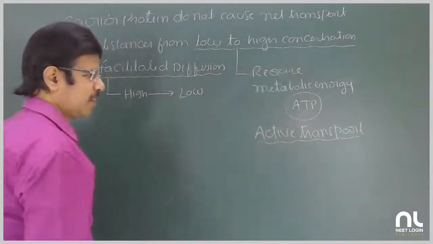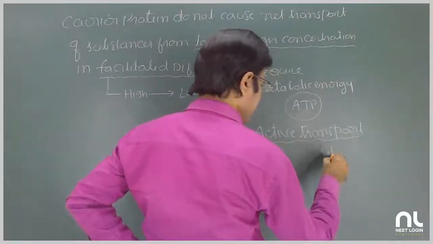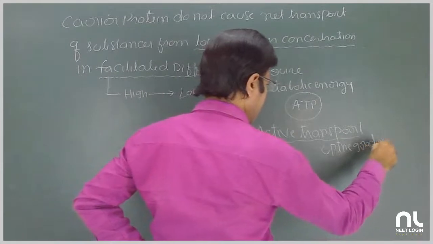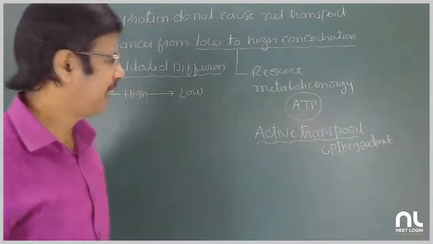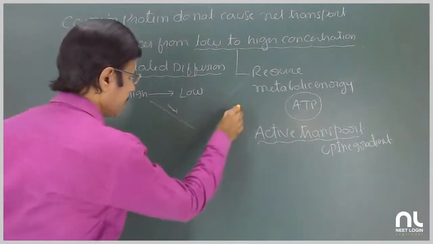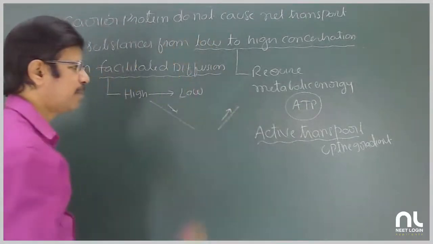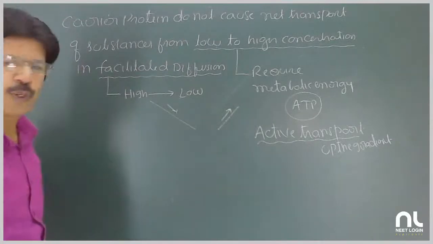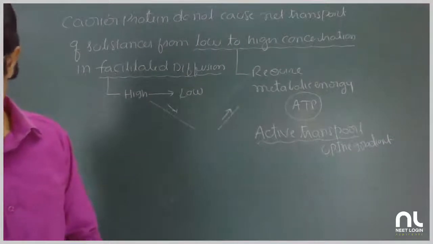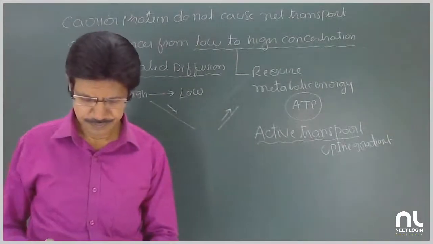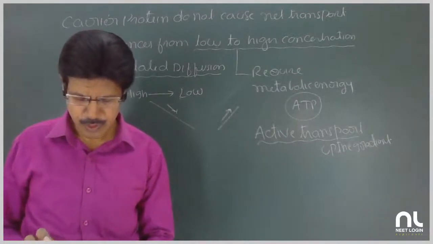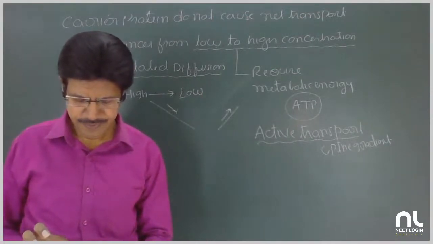Active transport is low to high, up the gradient. Low to high, high to low. Are you getting it? Low to high.